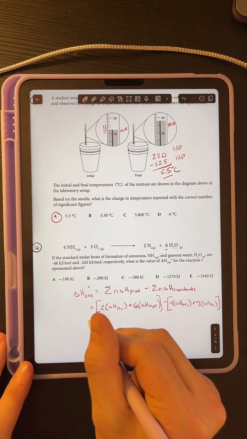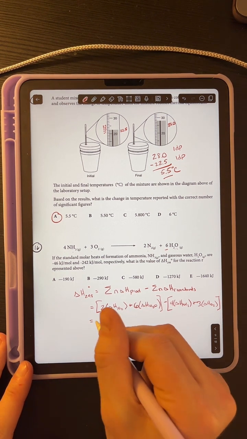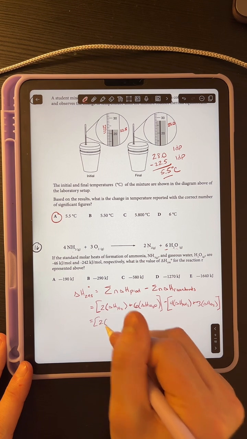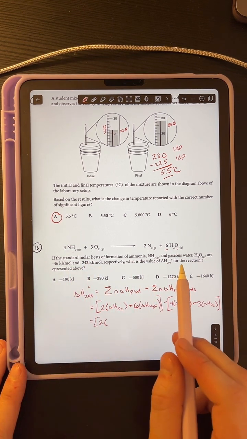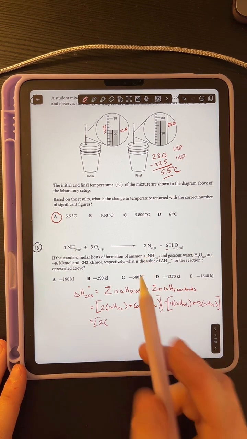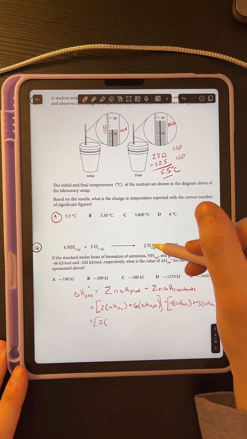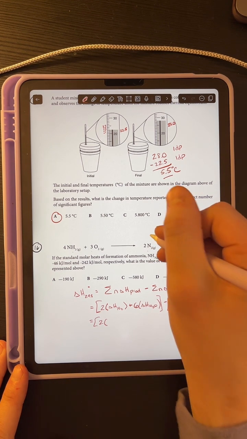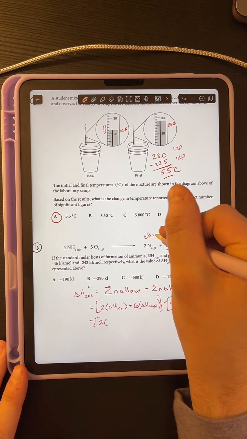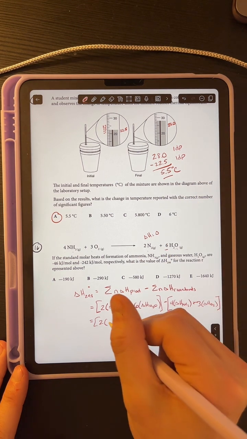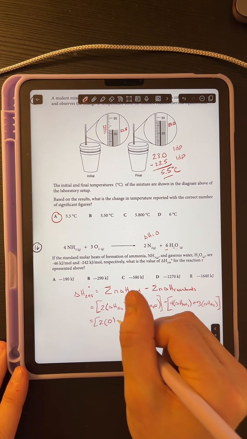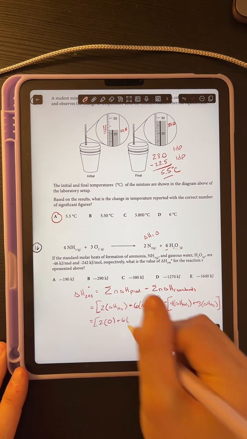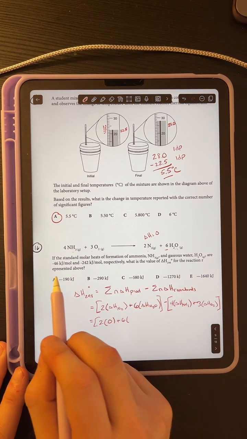So if we were to start plugging in those values, well, we have 2 times, well, we're not given any sort of information about N2. But that's okay, since N2 is in its elemental form, its delta H equals 0. So we can just plug 0 in right there. So we have 0 plus 6 times, we were given a value for water.